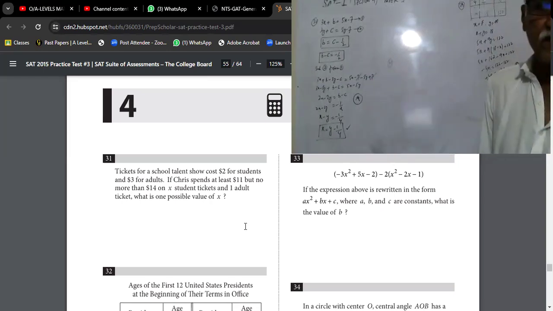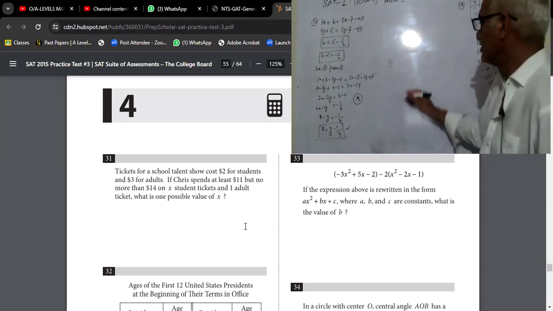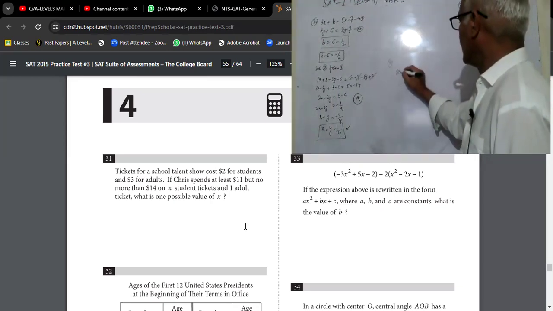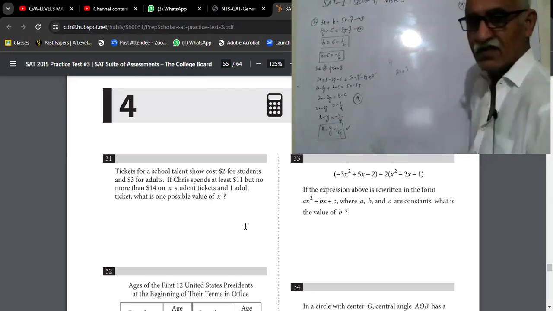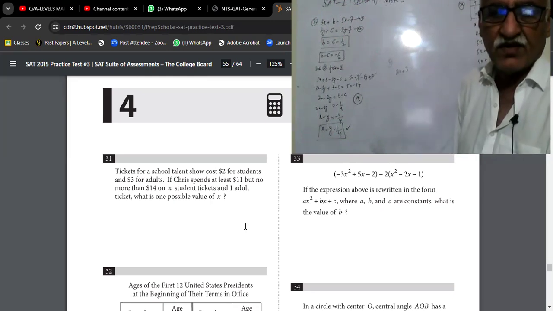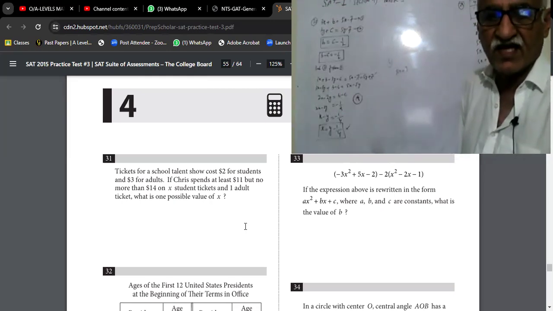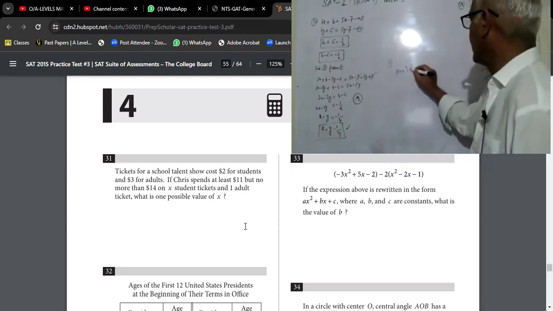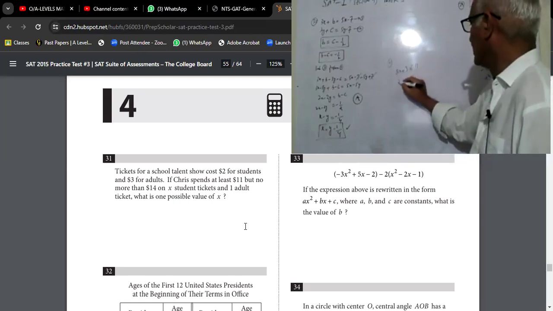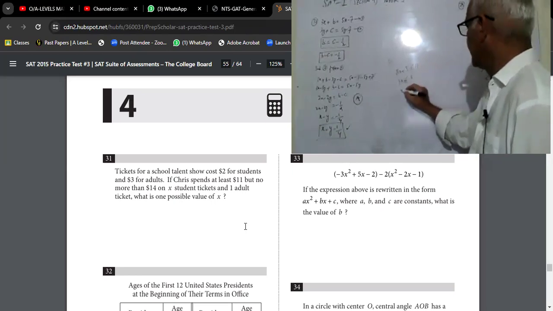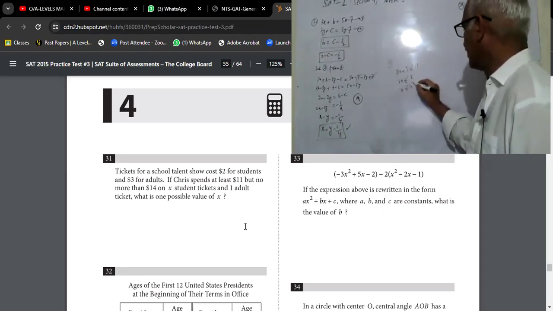So $2 are there for the students and $3 for the adult. So that means 2x plus 3. And he's going to spend from 11 till 14. So 2x plus 3 is greater than or equal to 11, so 2x is greater than or equal to 8, so x is greater than or equal to 4.